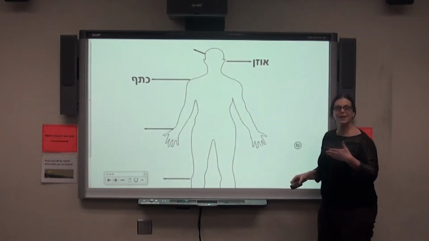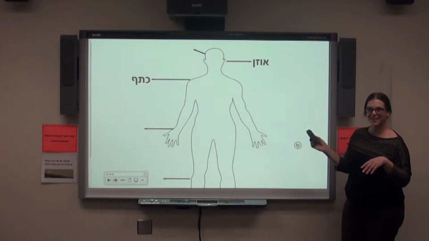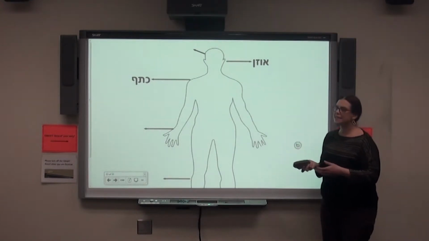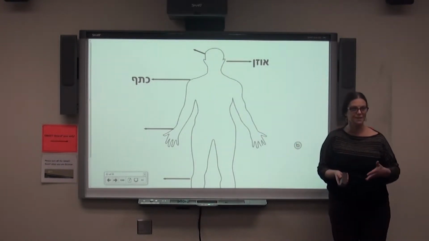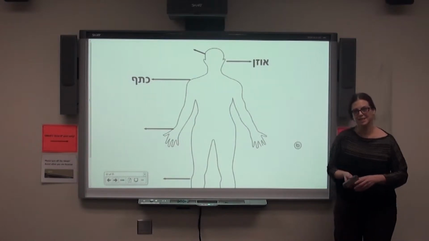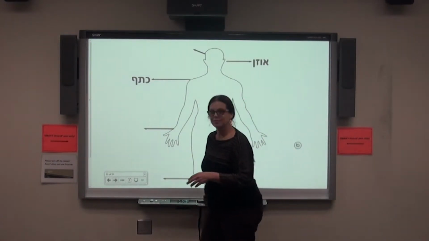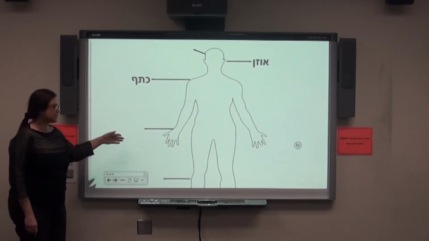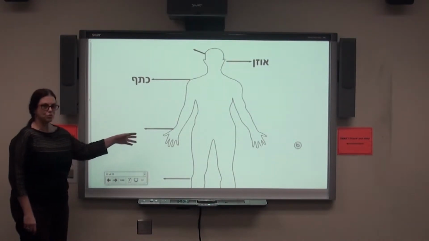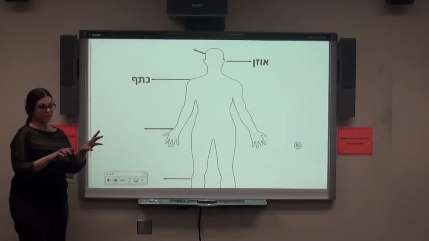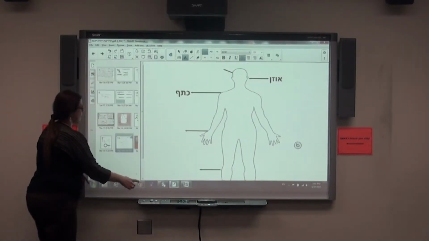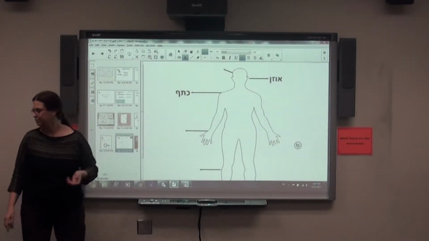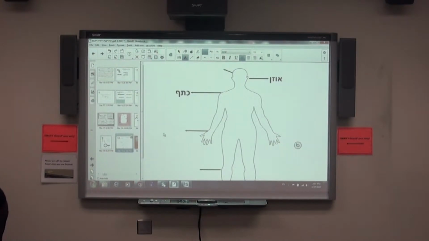Okay, so you prepare the activity, and you hide it, but these are examples of how you create your activities. So how do you set it up that way? I can show you later, but basically you create a word, you write it. Let's say I'm going to write head.